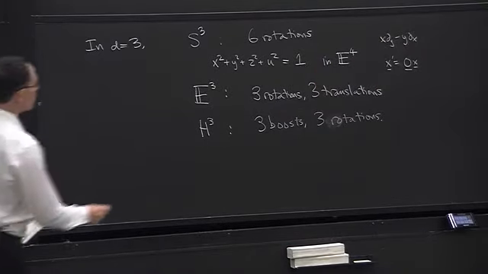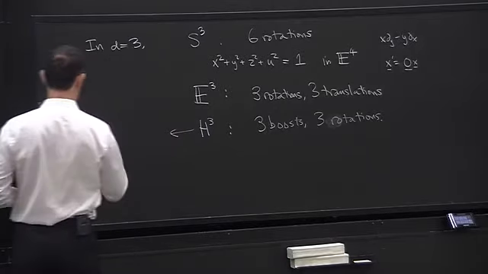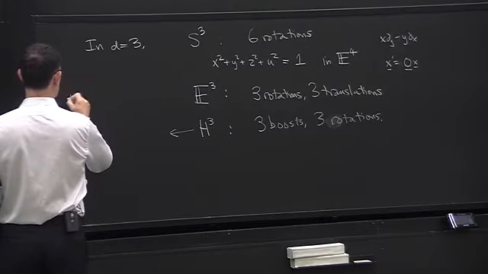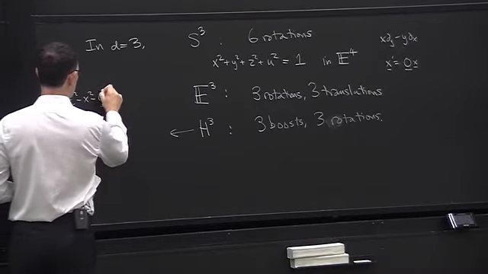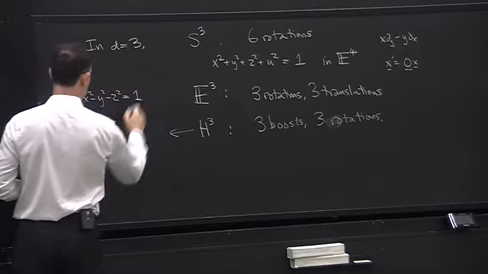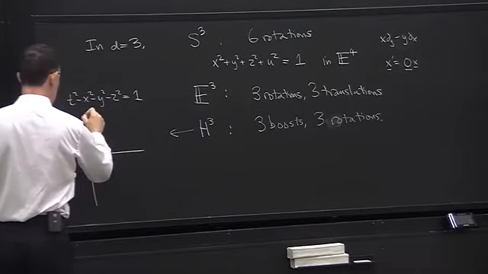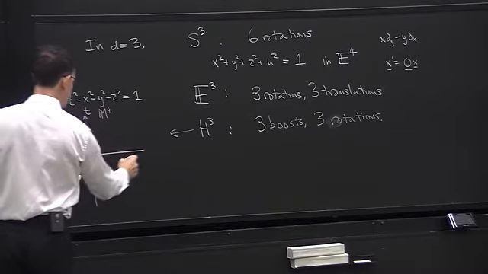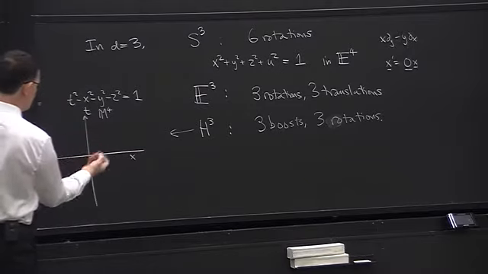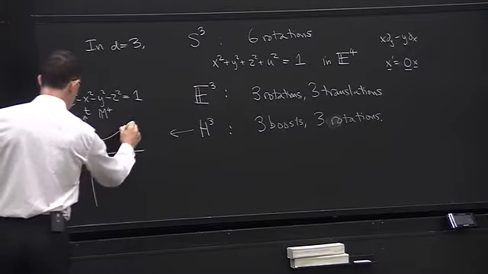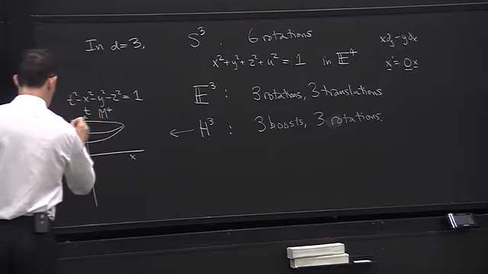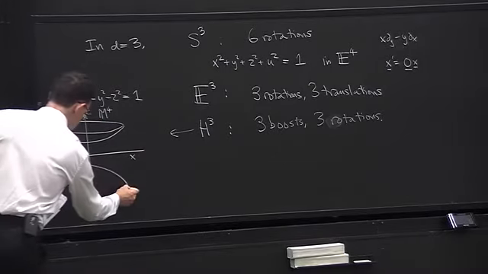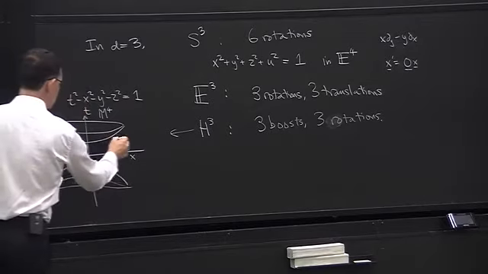And so the way you construct a hyperbolic 3-space is you consider the equation t squared minus x squared minus y squared minus z squared equals 1. It looks like this, in 4-dimensional Minkowski space, so t goes like this. x, y, z are spatial. And then the hyperboloid looks like that. There's another branch of the hyperboloid here, disconnected, but you just take one of these.